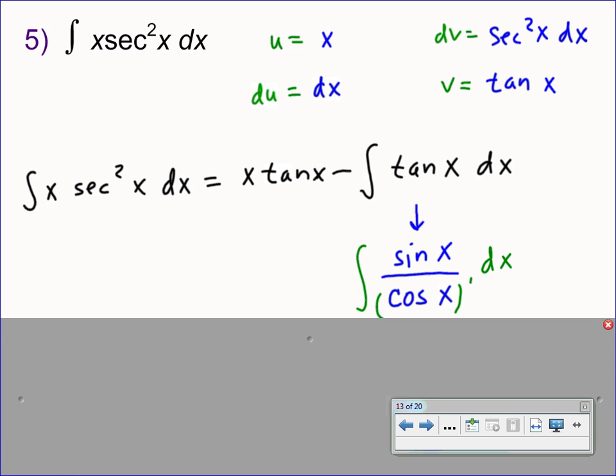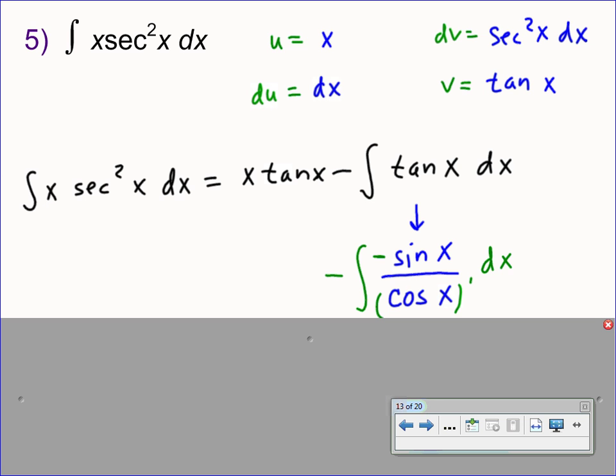If I had a negative here, I could go natural log of absolute value of cosine of x, and I didn't, so I have to provide that. And so an antiderivative for tangent of x is negative ln absolute value of cosine of x, which is equivalent to ln of absolute value of secant of x, which is what we wrote down.